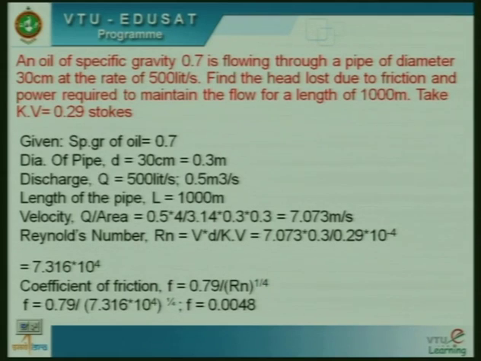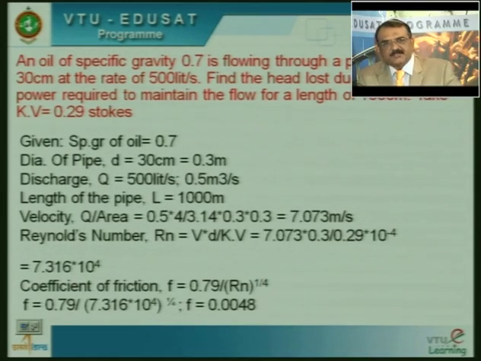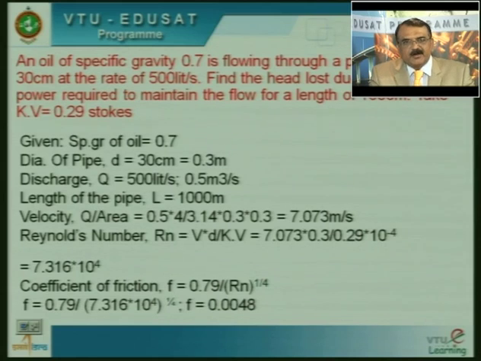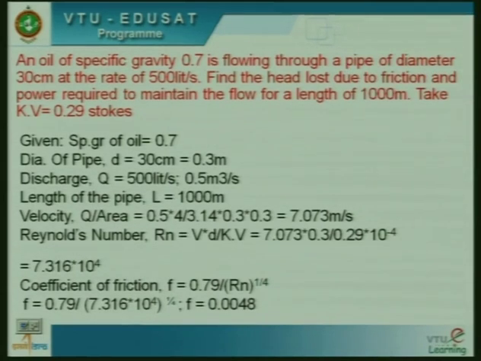Take Kv, kinematic viscosity, equal to 0.29 Stokes. Again I repeat, Kv represents kinematic viscosity. If you kindly recall, in the first chapter, under viscosity, you studied 2 types of viscosity. One is dynamic viscosity, the other one is kinematic viscosity. Kinematic viscosity in this case is given by 0.29 Stokes, that is given in the problem.